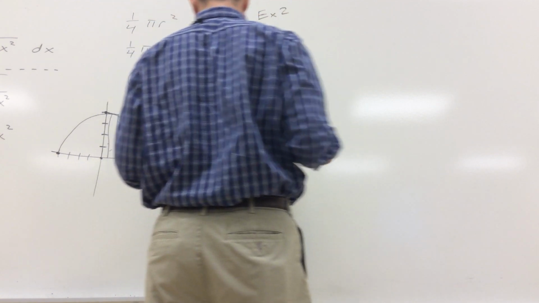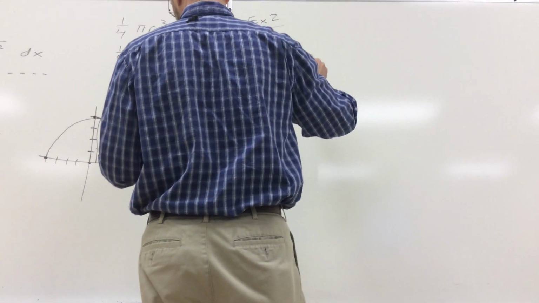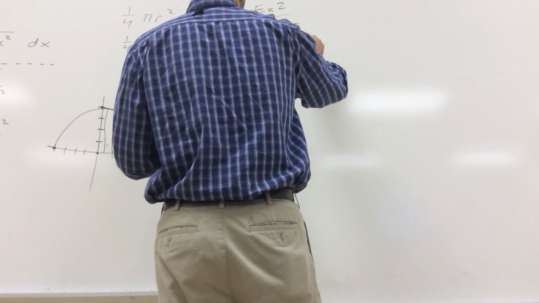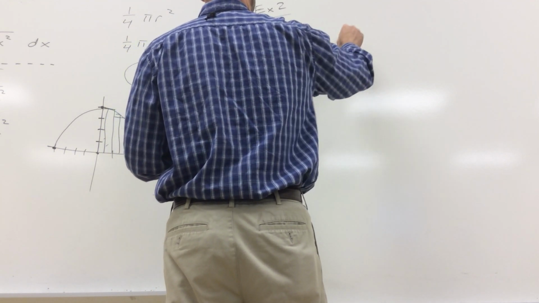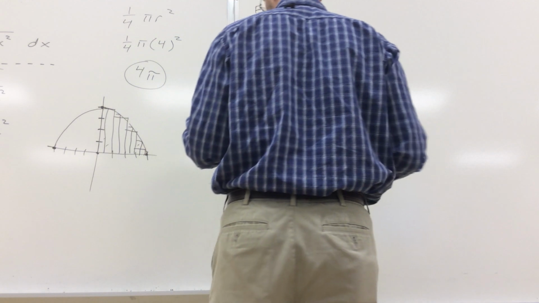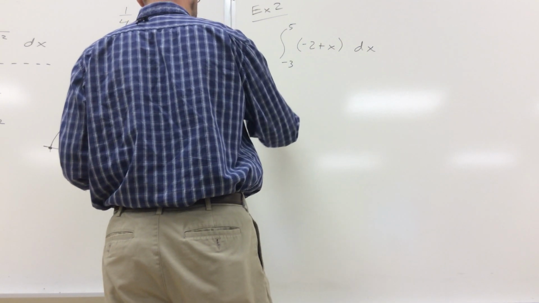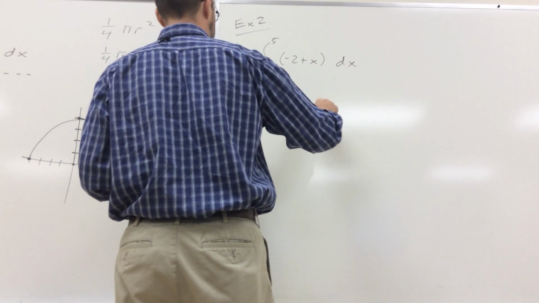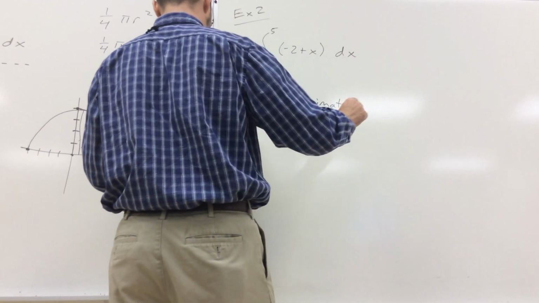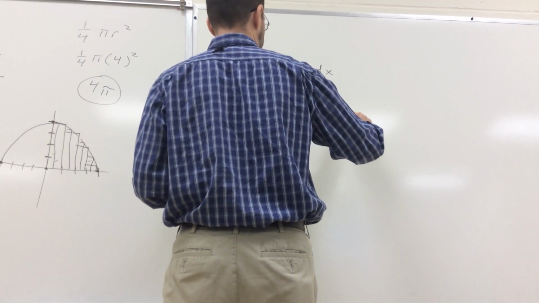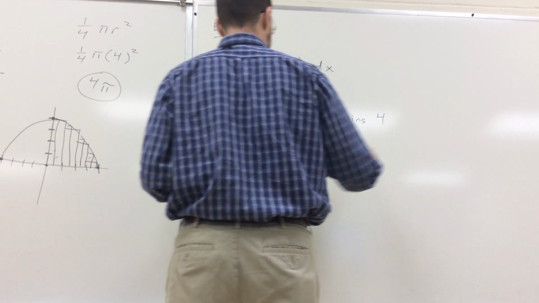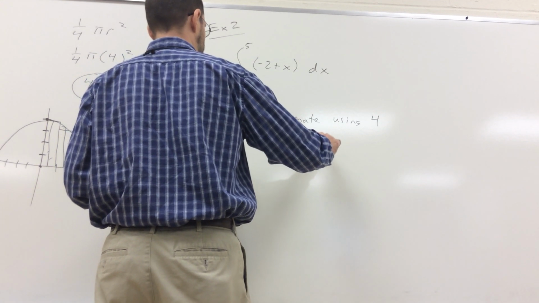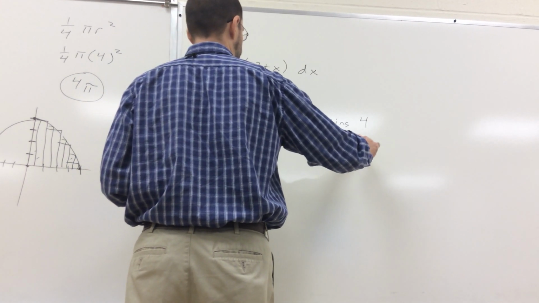So now, example 2. This is going to be the integral from -3 to 5 of -2 plus x dx. And for part A, we're going to go back to approximating. We're going to approximate using 4 left endpoint rectangles.